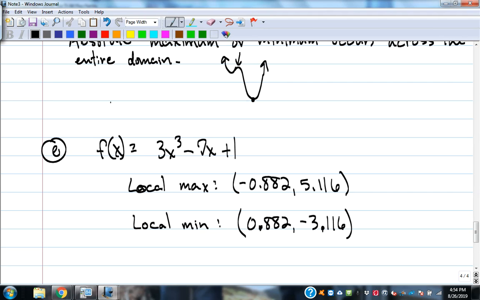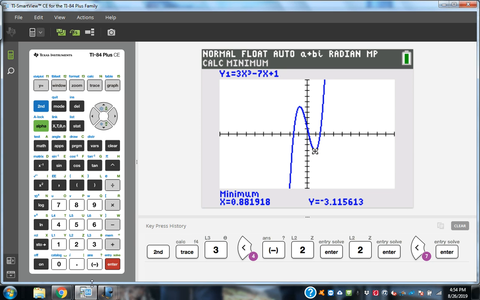So that's using the calculator to estimate where that's at. And again, an estimate is going to get close. It's not something that is always done with the calculator, but it is a way of estimating if you've got an equation and a local max or min.